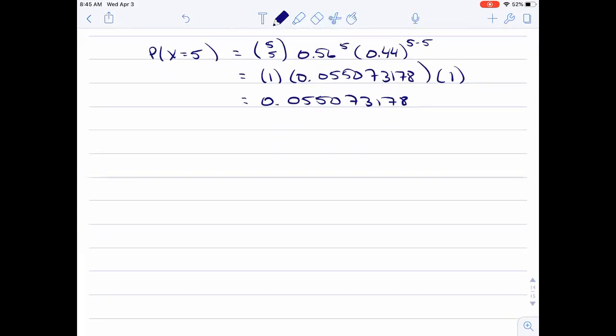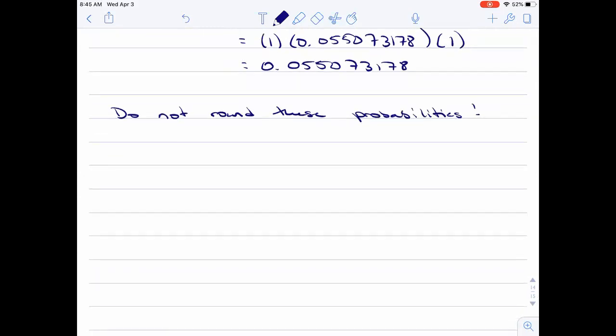So do not round these probabilities. I guess I should have stored them. I didn't.